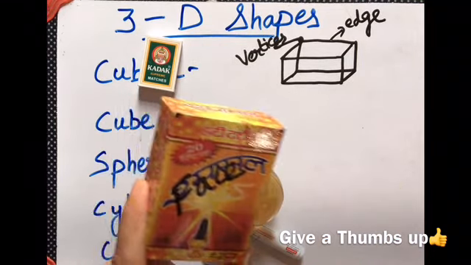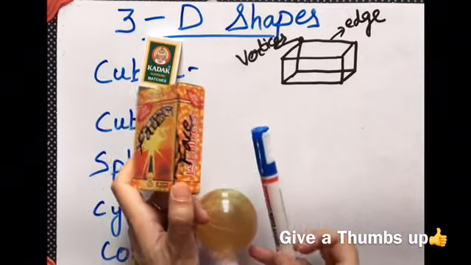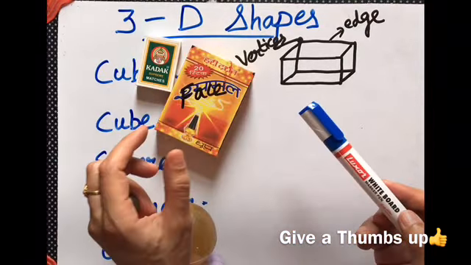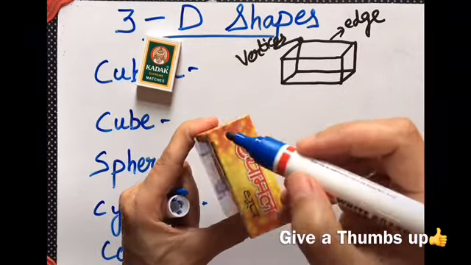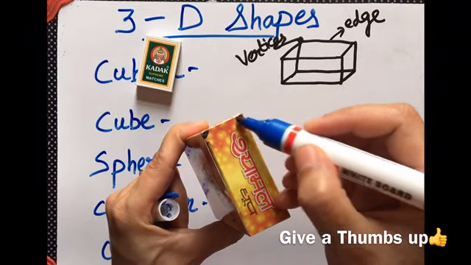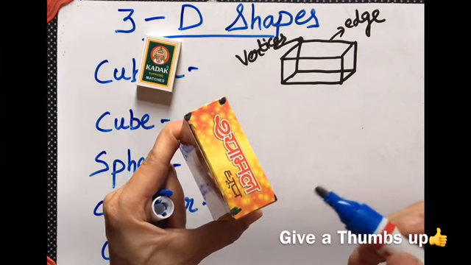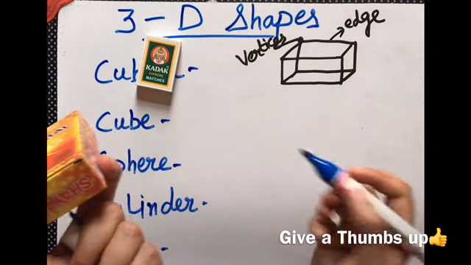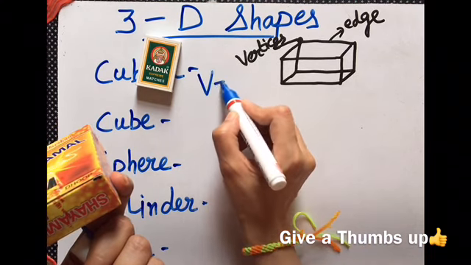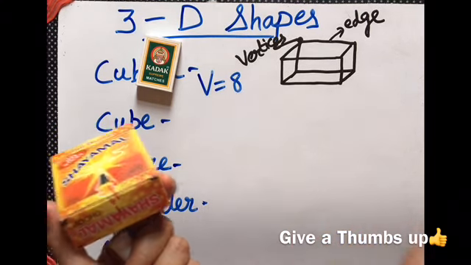Now if I want to count how many faces or vertices it has, how will I do it? Let's see. If I hold it like this, 1, 2, 3, 4 corners here and 4 corners here, 1, 2, 3 and 4. So how many vertices does it have? It has 8 vertices.